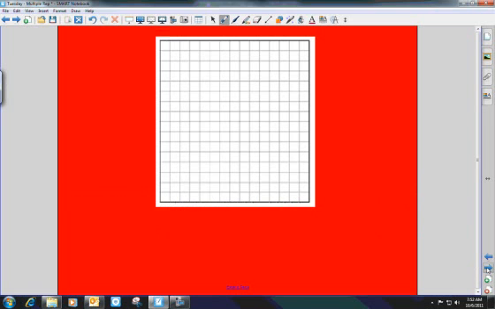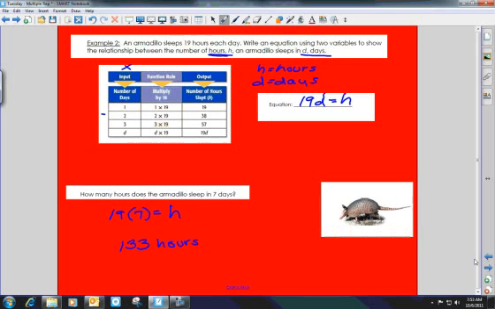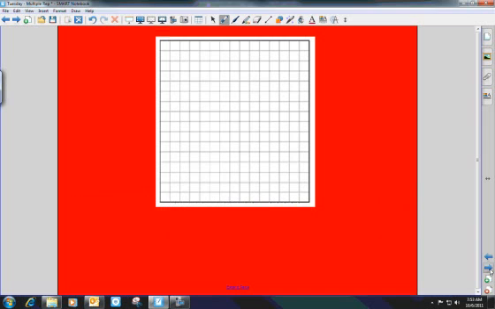Now here's our graph. Remember, the input, or the x, goes on the x-axis, and the output, or the y column, goes on the y-axis. So when I'm looking at this graph, or the table over here, sorry, remember x is input, so that's going to be 1, 2, 3 along the bottom. Let me put that in.